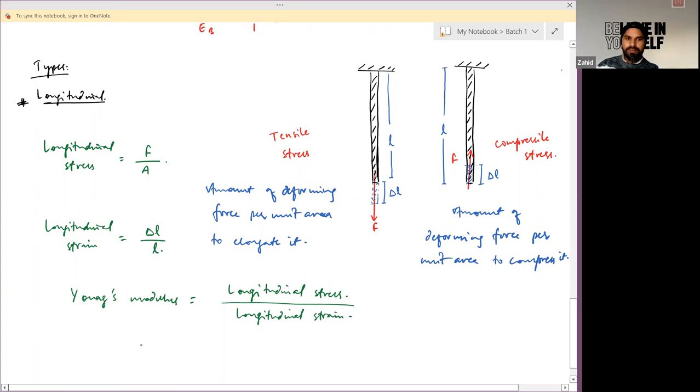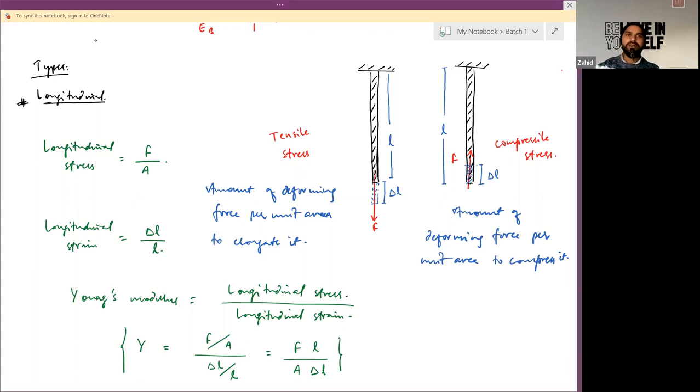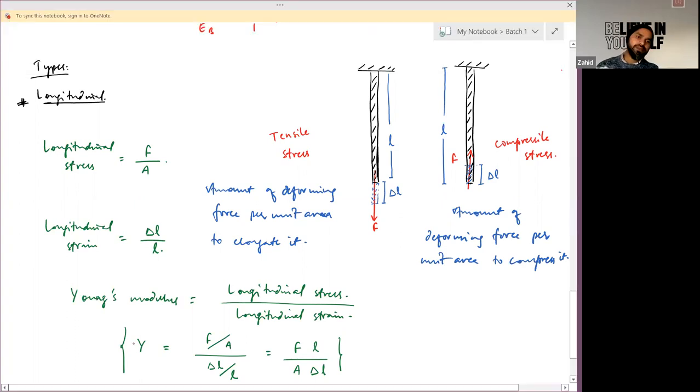Young's modulus is denoted by capital Y. Longitudinal stress is force by area of cross section. Longitudinal strain is delta L divided by L. So on simplifying, you will get F into L divided by A times delta L. And since this modulus of elasticity is along length, it is also called elasticity in length.